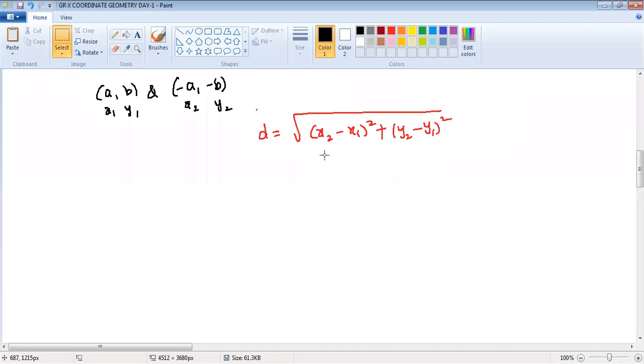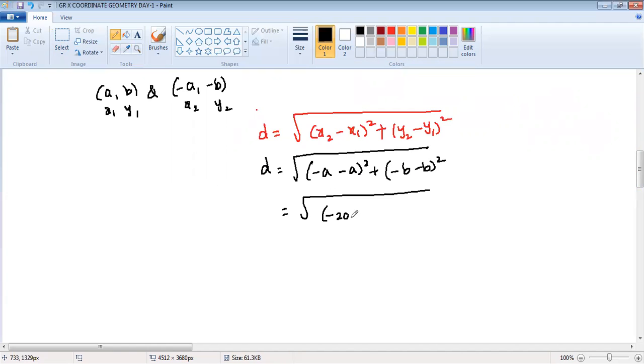Take the formula. When you take the formula, please try to substitute the values which we know. The distance is equal to root over (x2, which is minus a, minus x1, a) whole square plus (minus b minus b) whole square. So which will be (minus 2a) whole square plus (minus 2b) whole square.